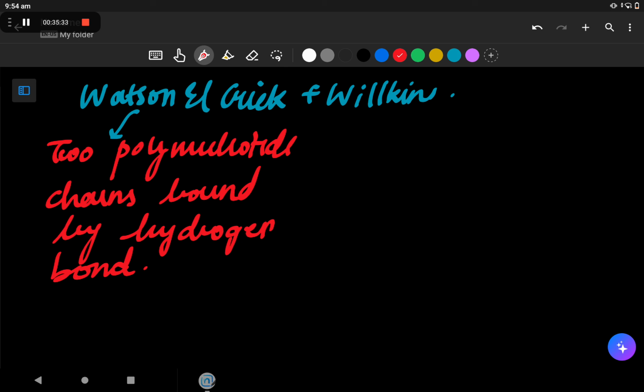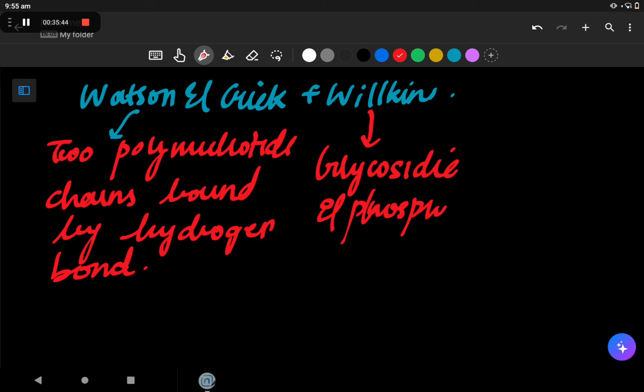Next, glycosidic and phosphodiester bonds. Next is DNA duplex around central axis.